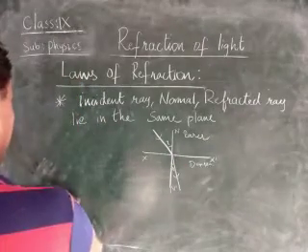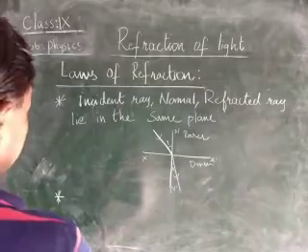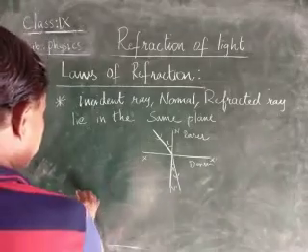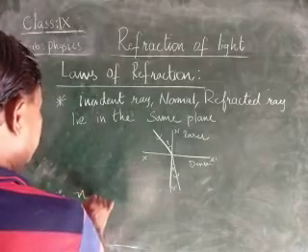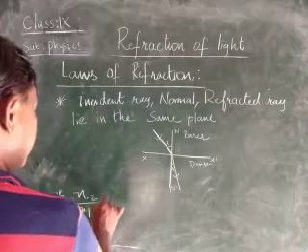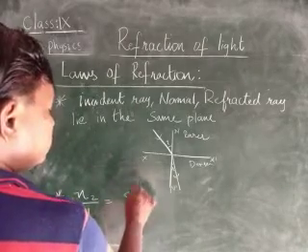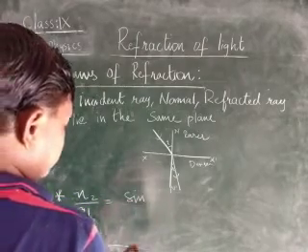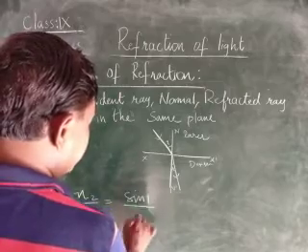The second law is that n2 by n1 is equal to sin i by sin r.